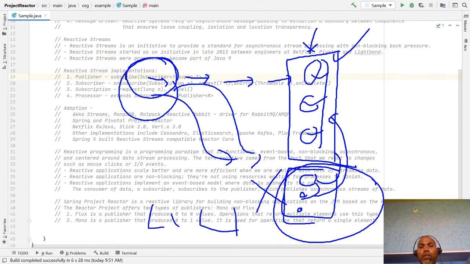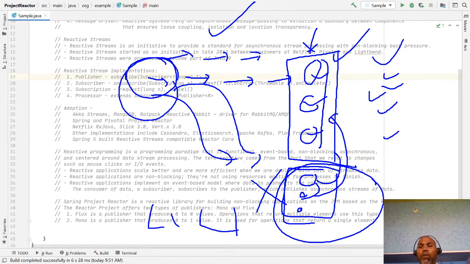Here it says, in the case where your subscriber is unable to process at the rate at which the publisher is publishing data, where the publisher's publishing rate is higher than the subscriber's processing rate, the concept of back pressure comes in. What does back pressure say?